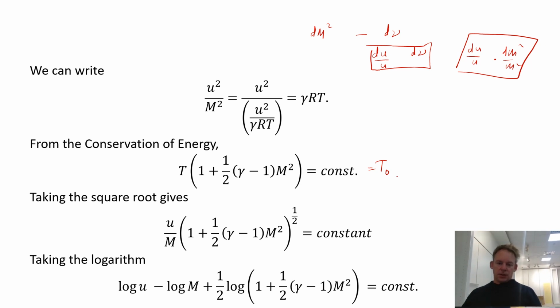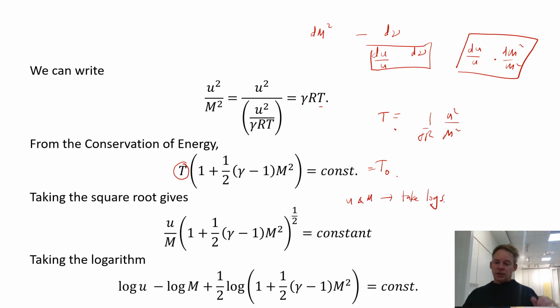So we can eliminate the temperature by writing the fact that u squared over M squared is equal to the speed of sound squared, which is gamma RT, and so we can express T as u squared over M squared times 1 over gamma R. Substitute that in, taking the square root, gives us this functional relationship between u and M as a constant. And what do we do in those scenarios? Well, we're looking at fractional differences. So one way to convert this functional relationship between u and M is to take the logs.